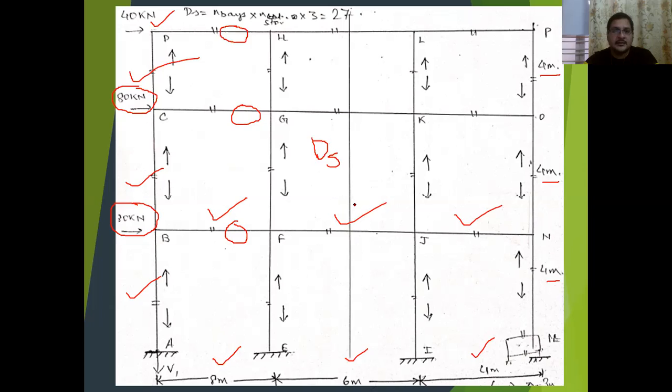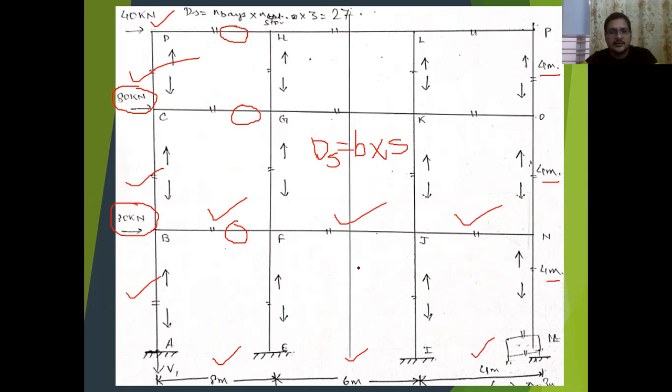If you need a video on how to find it, you can post in the comment box, and I will surely make a video on that topic. It is nothing but the number of bays multiplied by the number of stories. So that is the total degree of static indeterminacy.